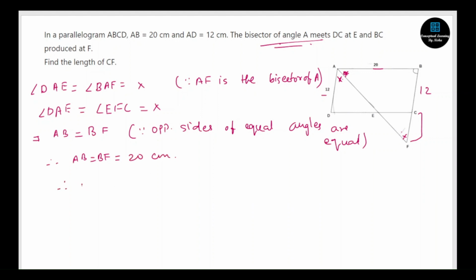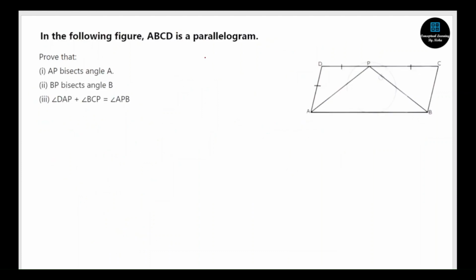So, therefore, CF is equal to BF minus BC, and that is 20 minus 12. So CF is equal to 8 centimeters. Sorted, right? Great.